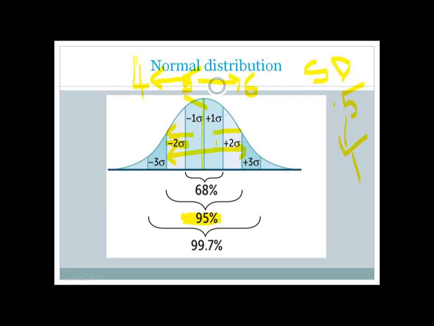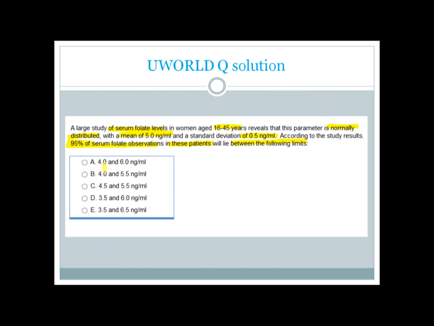So from 4 nanogram per milliliter to 6 nanogram per milliliter is from -2 standard deviation to +2 standard deviation. This range, 4 to 6, will include 95% of the population. So it solves our question. The answer is from 4 to 6 nanogram per ml.